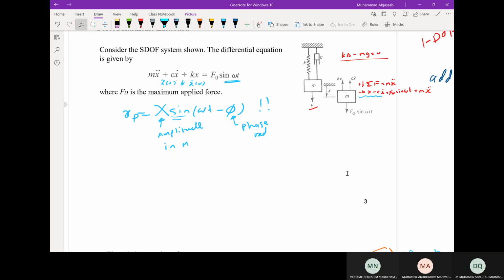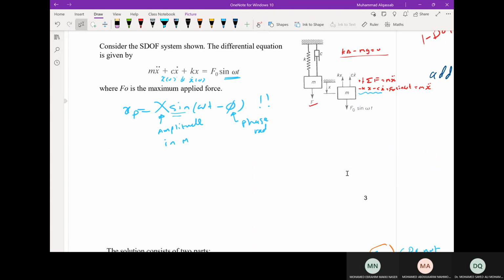There are two unknowns here in the particular solution, X and phi. So we need the particular solution to satisfy the right-hand side and the left-hand side.